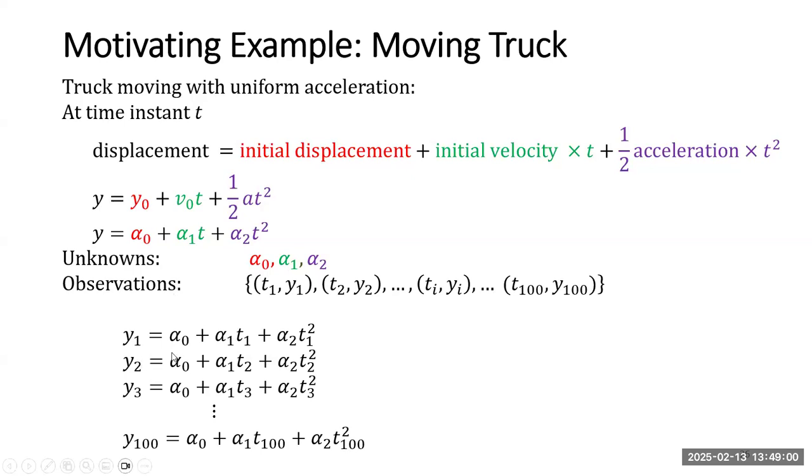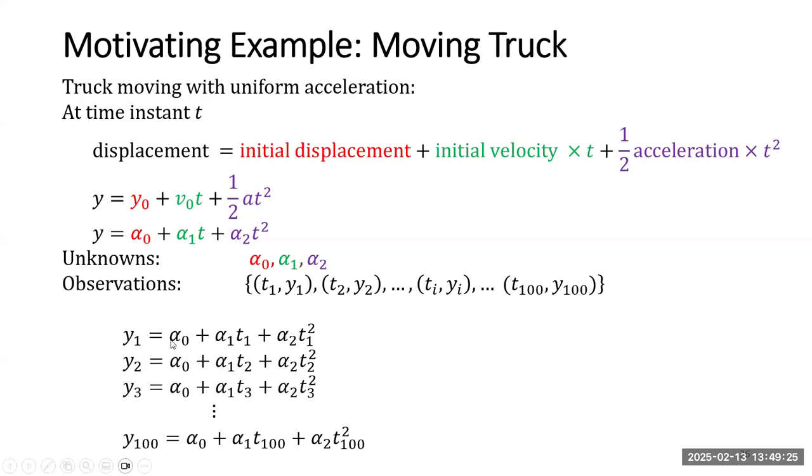Obviously, maybe due to experimental error, we cannot satisfy all of these 100 equations, right? In fact, we took 100 sample observations only because we know that there would be some instrumental error.